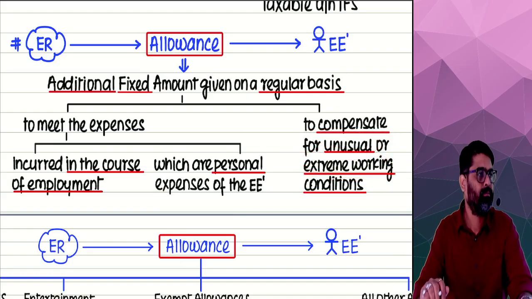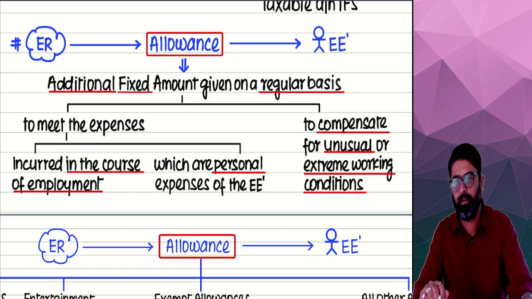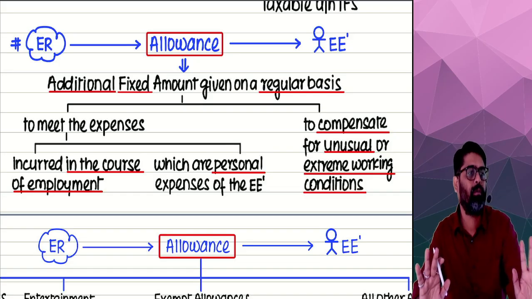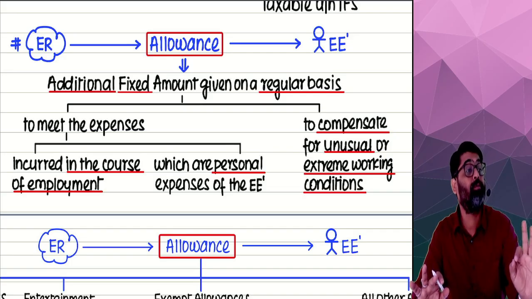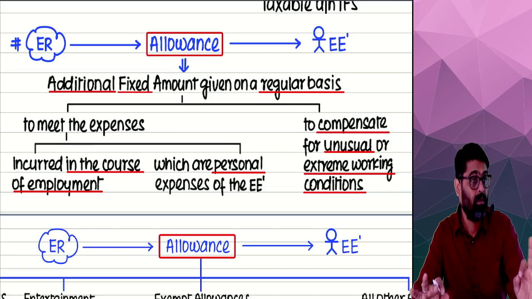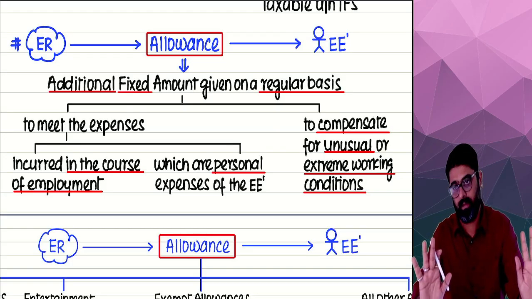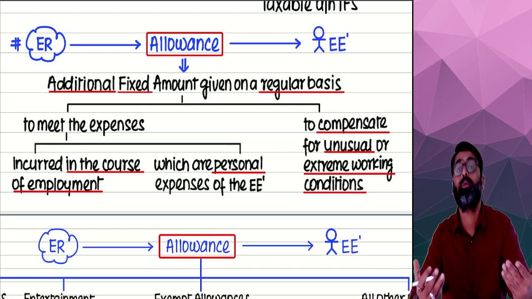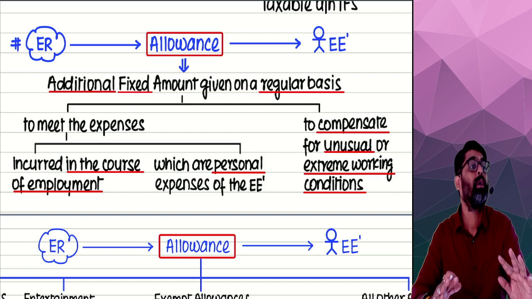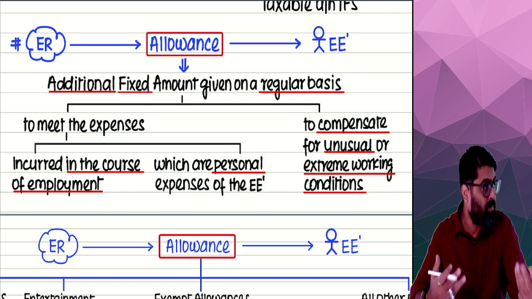Yes or no? Will you remember this? So what is the meaning of allowance? Allowance means a fixed amount given regularly in addition to salary. It can be given to meet official expenses. It can be given to meet personal expenses.